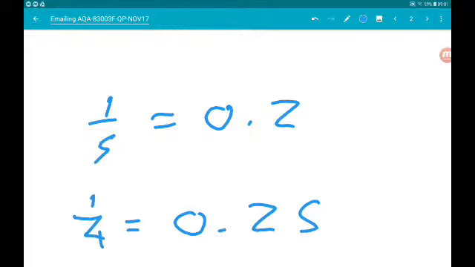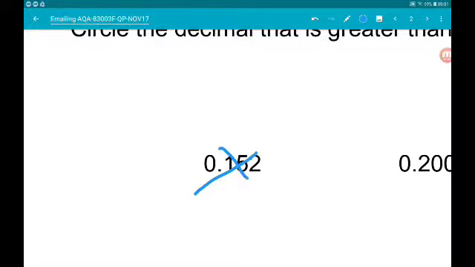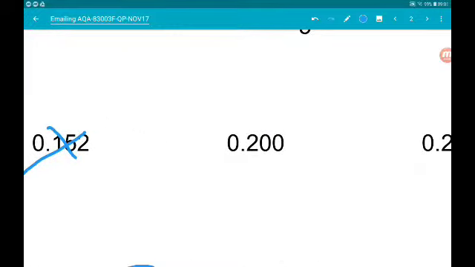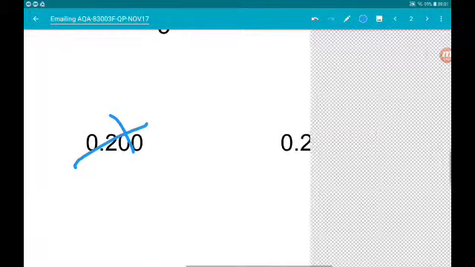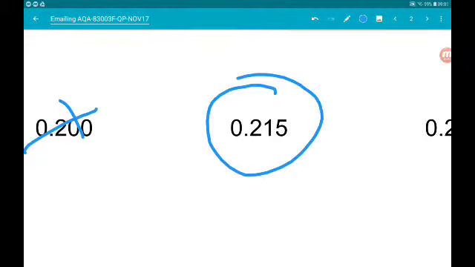So we want something between 0.2 and 0.25. It's not the first one, that's less than both of them. 0.200 is just 0.2, so that is not greater than 1/5. This is our one, 0.215.